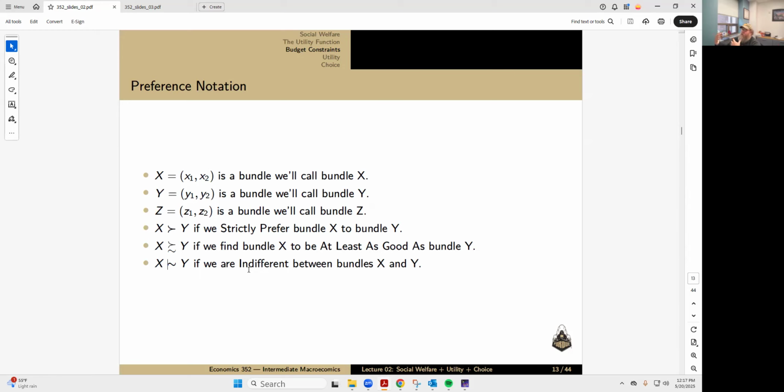But if we say that the bundles are the same price and I see you buy one over the other, it gives me a pretty good idea. We call that revealed preference in economics. You reveal your preferences to me. So if bundle X is the same price as bundle Y, and I see you buy bundle X, then I feel pretty good that X generates higher utility for you than bundle Y does.